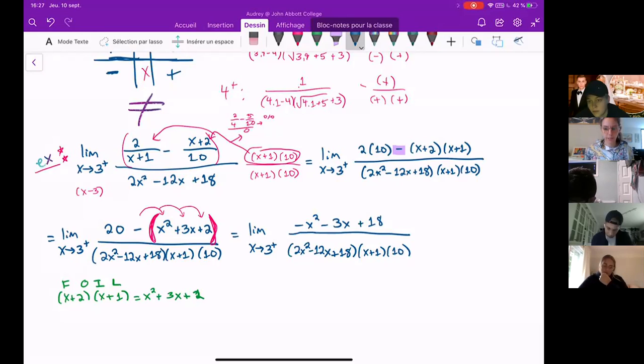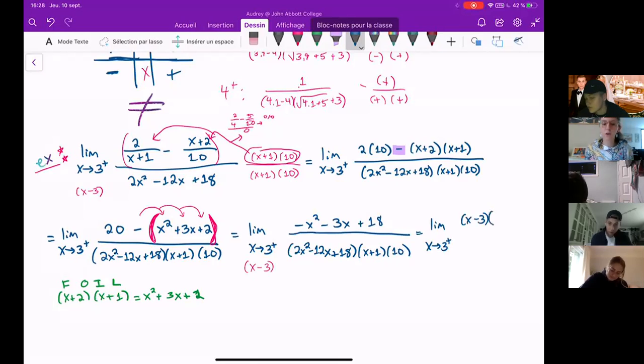Okay. Did I make any mistakes? Are we good? Everyone agree? Good. You're right. No mistakes. Now, remember, the factor that I'm looking for is x minus 3. So I'm going to now factor that out of the numerator and the denominator.